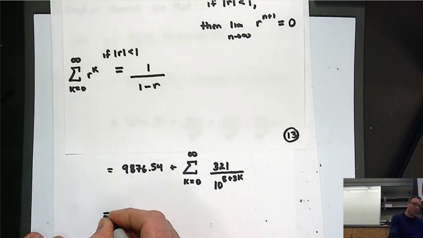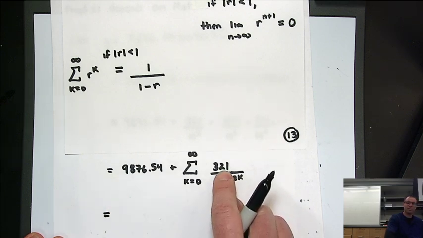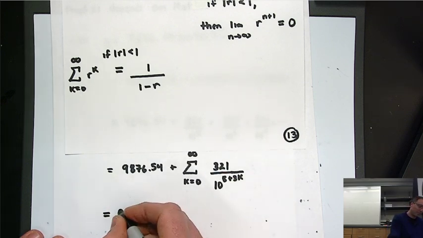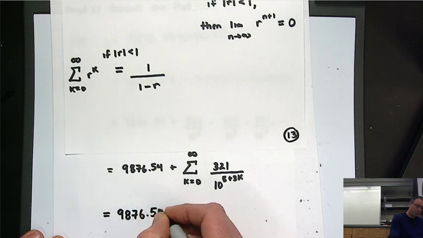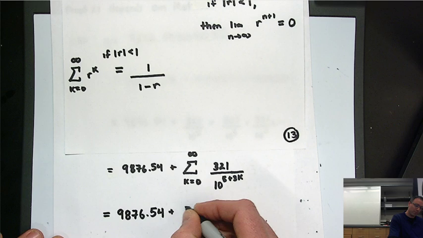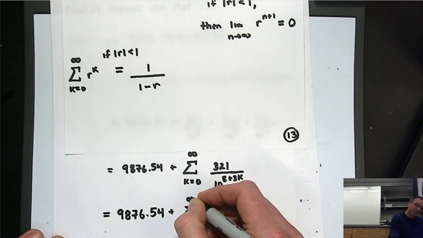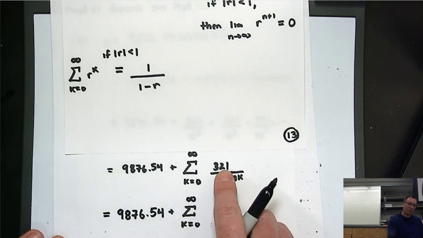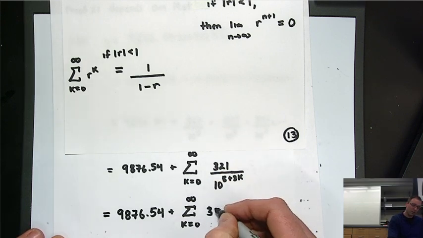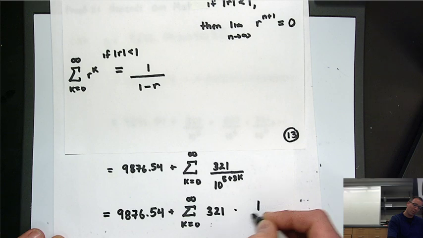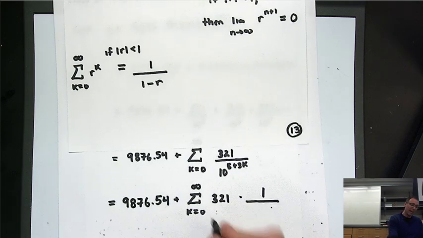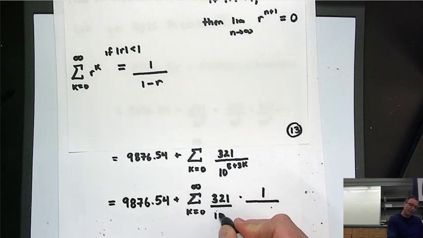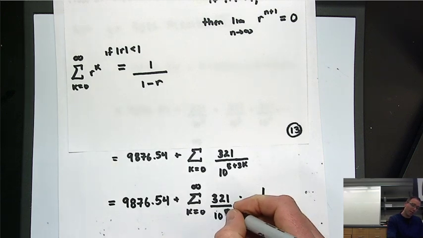Anybody see a really, really fast way to do it? What's one thing that I could bring out immediately? What else could I do? Yeah, I could bring out a 10 to the 5th.